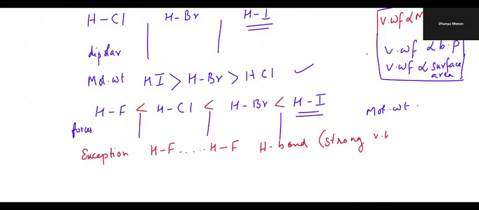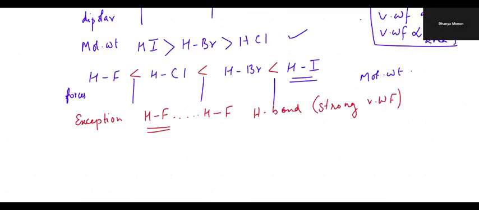Because it is forming strong hydrogen bond, there is a small discrepancy in our order. This order is wrong. Instead, we have an order like this: HCl is less than HBr, is less than HI, is less than HF.